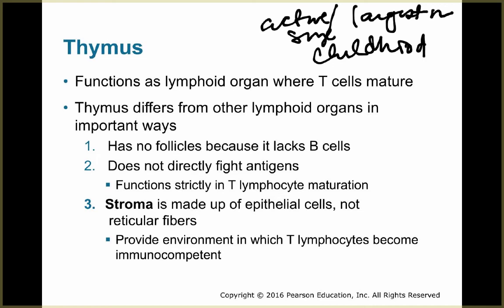So this is really important as a functional lymphatic organ when you're younger. It still will produce these immunocompetent cells. As we get older, it just does it slowly.